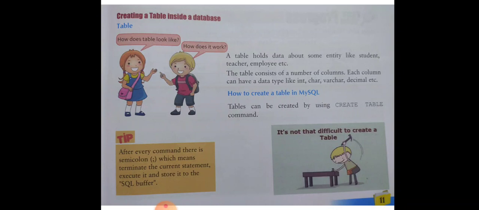Each column has a data type like int, char, varchar, decimal, etc. And we studied data types in a previous class. Now we have to create a table. You can create a table in MySQL by using the create table command. And after every command, write a semicolon. Semicolon means end of the line. It is a delimiter or the terminator.